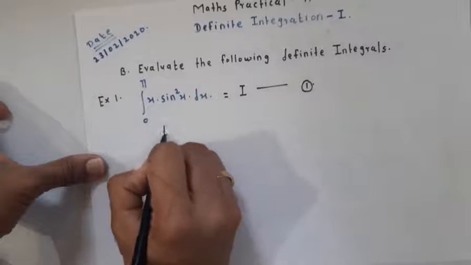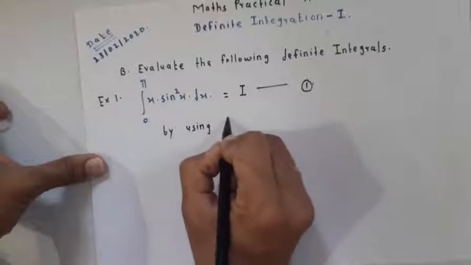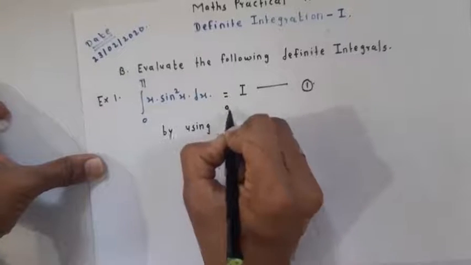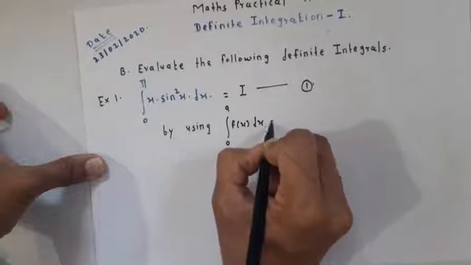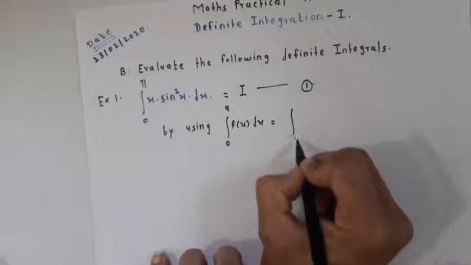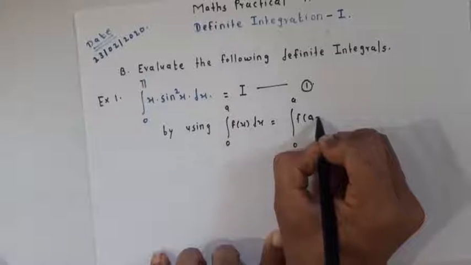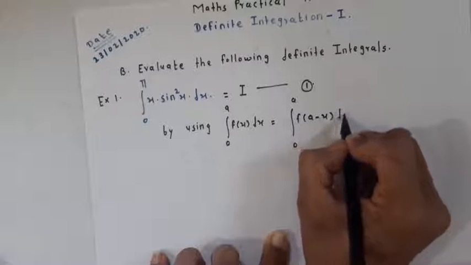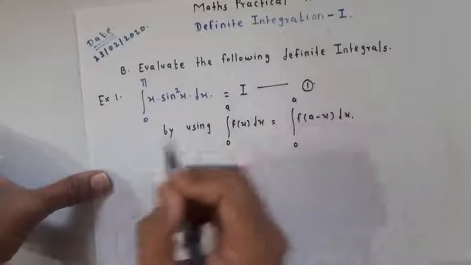By using the property, integral from 0 to a of f(x) dx equals integral from 0 to a of f(a minus x) dx, apply the property on integral 1.